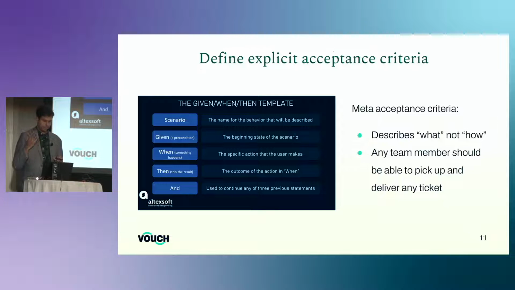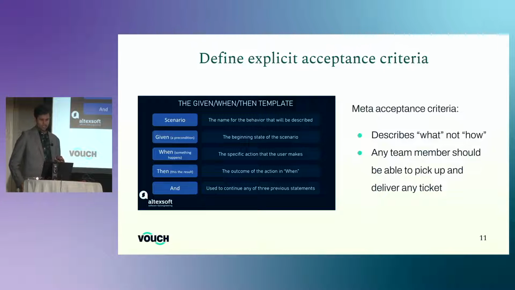A weird kind of thing is meta acceptance criteria, so acceptance criteria for writing acceptance criteria. Keep these things in mind: describe what the end result looks like. Don't focus on the how to get there. If there's a certain technology or code path, don't really mention that in acceptance criteria.